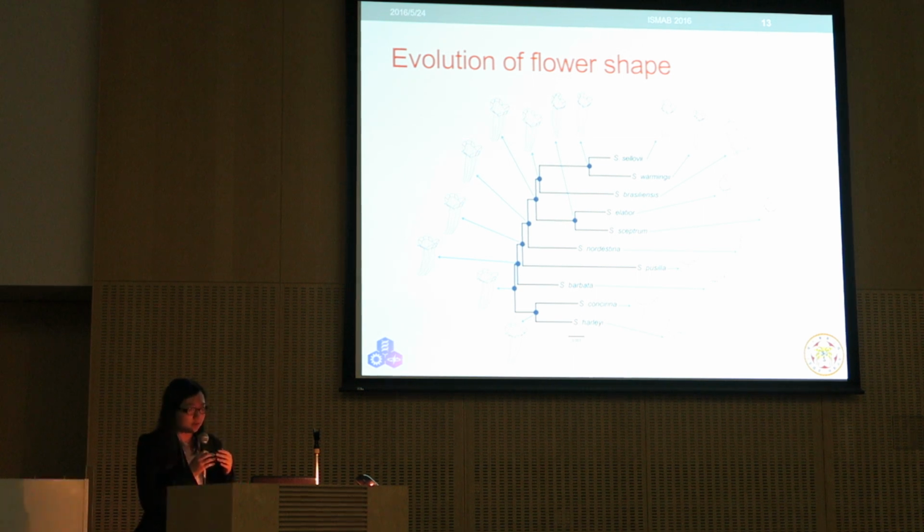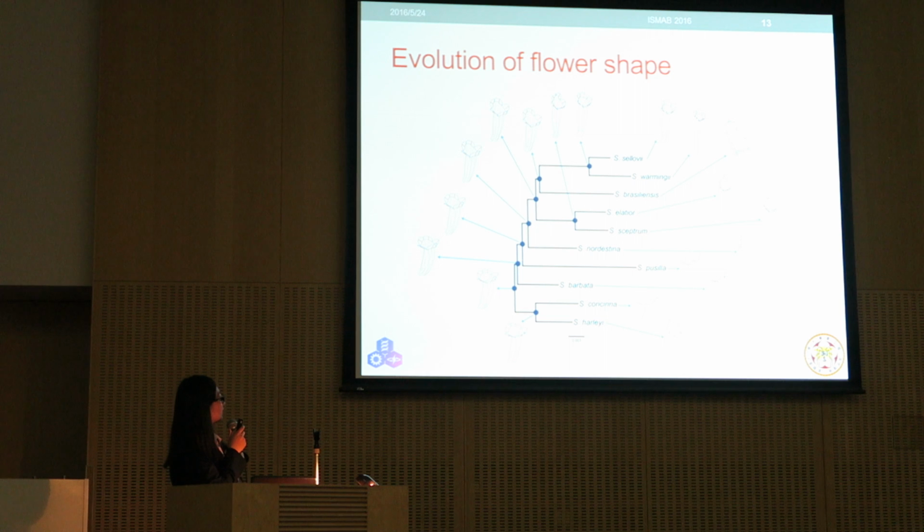And the branch lengths of the other two species are longer, so their flower shapes are more different. Their common ancestral flower shape. And third, we can look at all the pictures.